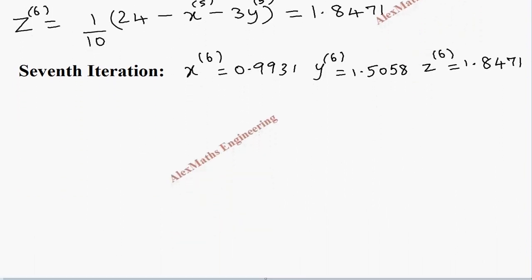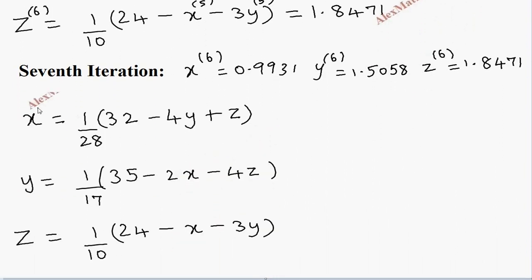Now we have to copy the equations. Since it is the 7th iteration, we are going to find x of 7, y of 7, z of 7 using x of 6, y of 6 and z of 6. So we write 6 everywhere and using these values we are going to evaluate x of 7.